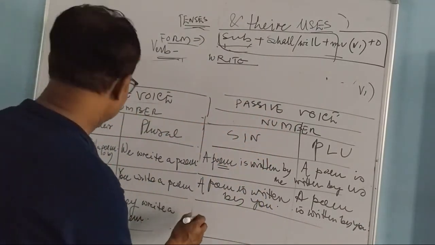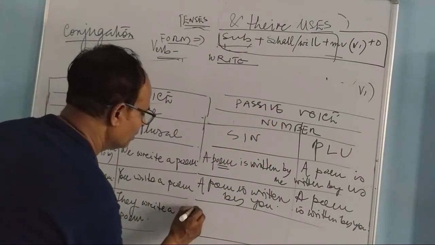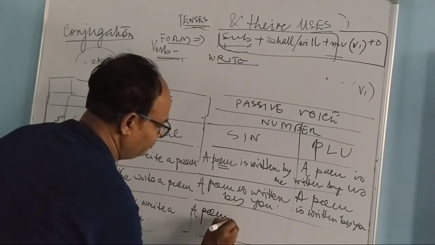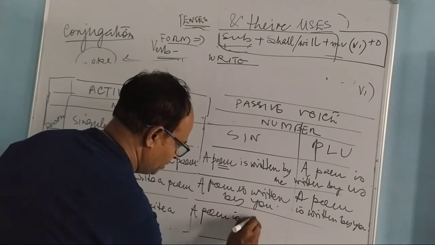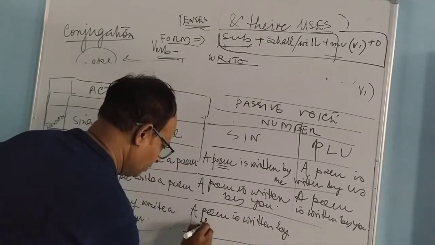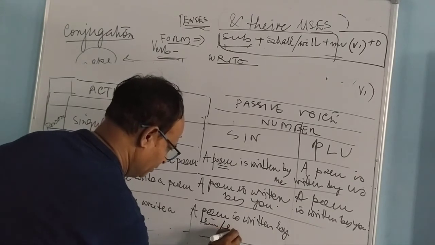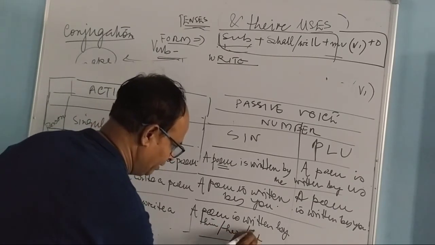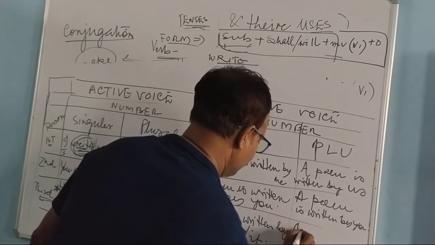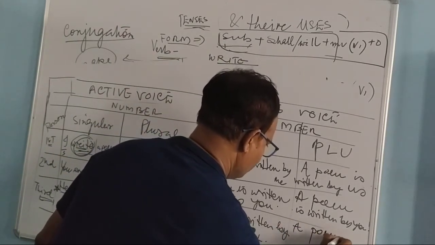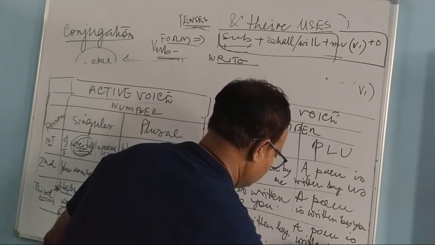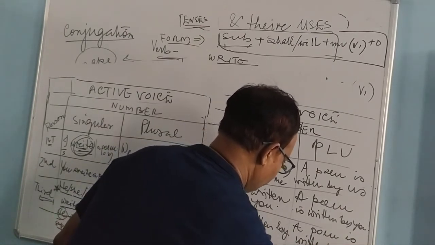Third one, third person singular number, a poem is written by him, by her, or by it. Similarly, the last one after full stop, a poem is written by them, full stop.